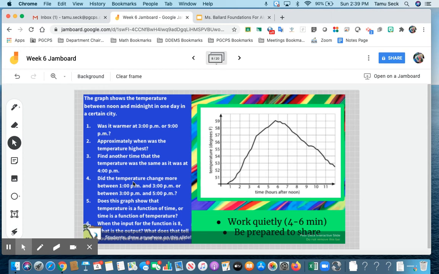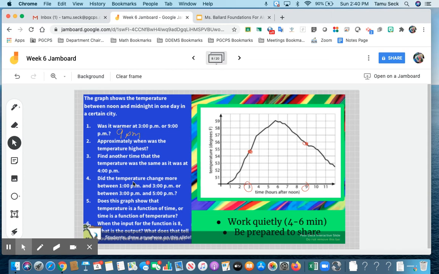Was it warmer at 3 p.m. or at 9 p.m.? So let's go to 3 p.m. and 9 p.m. At 3 p.m., it was less than 55 degrees, and at 9 p.m., it was about 56 degrees. So it was warmer at 9 p.m.